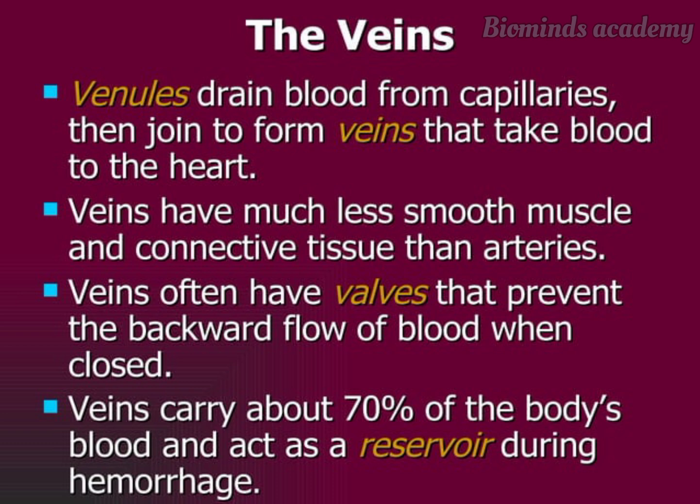The veins: venules collect blood from the capillaries and merge to form the veins, which carry blood back to the heart. Veins have less smooth muscle and connective tissue compared to the arteries. Veins often contain valves to prevent the backward flow of the blood. Veins carry about 70% of the body's blood and can act as a reservoir, especially during hemorrhage.